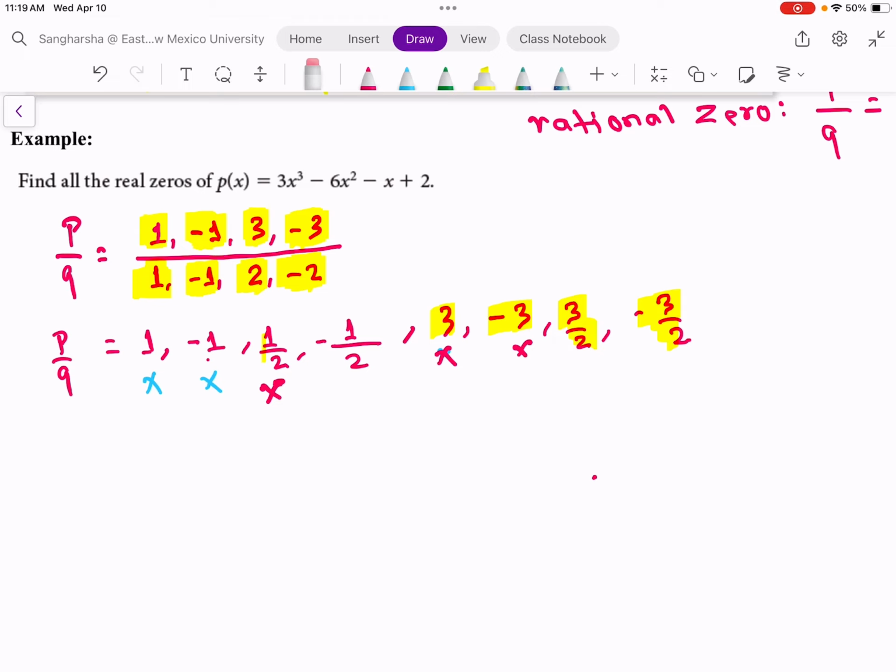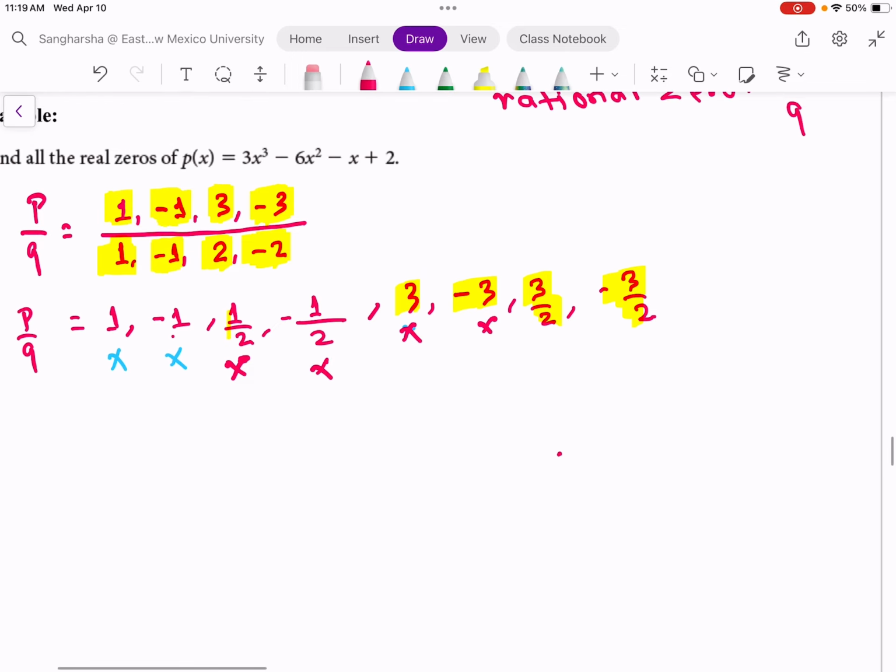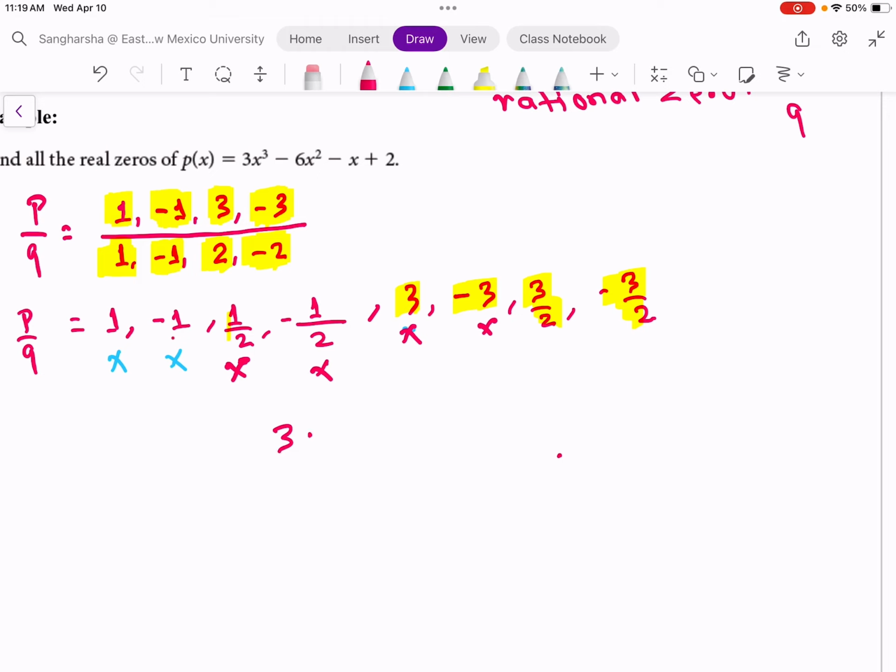Okay, these two are not. So we have the last two options here. So let's try 3 over 2 for every x. So we have 3 times the cube of 3 over 2, the cube of 3 is 27, the cube of 2 is 8, minus 6 times the square of 3 over 2, that is 9 over 4, minus 3 over 2 plus 2.